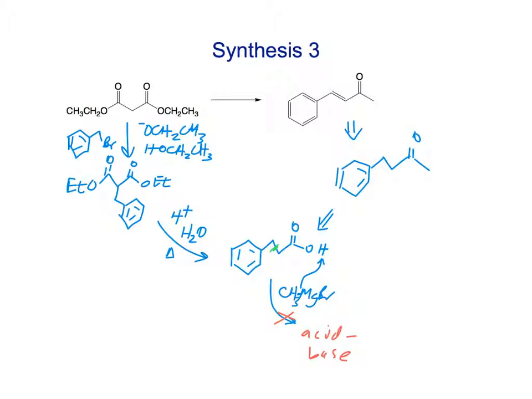All right, yeah. Could you add SOCl2 followed by an organocuprate? Yeah, one good way to do this would be that we could convert this to the acid chloride. So we use thionyl chloride. That goes to the acid chloride like this.